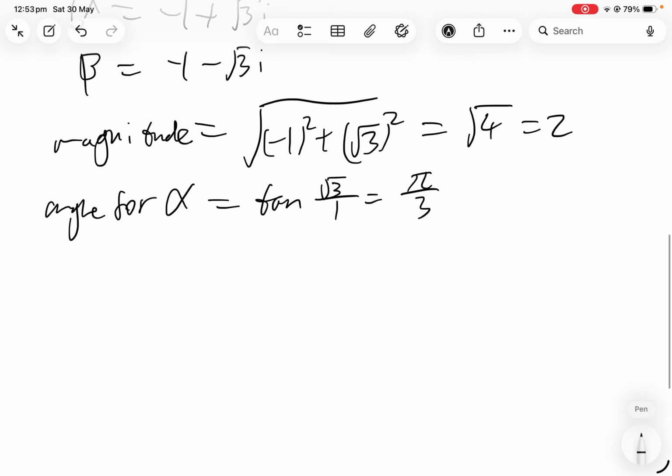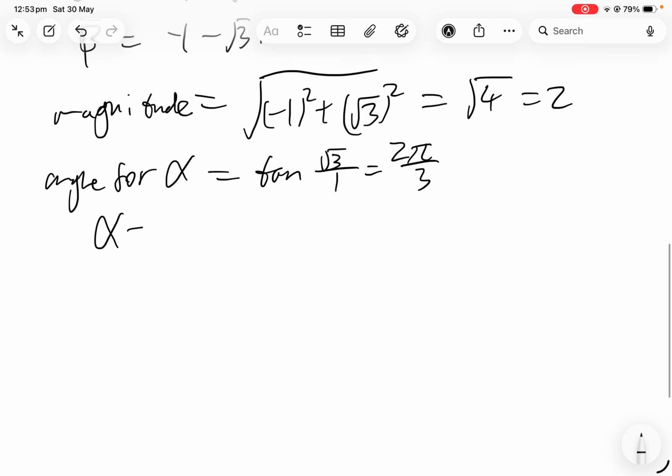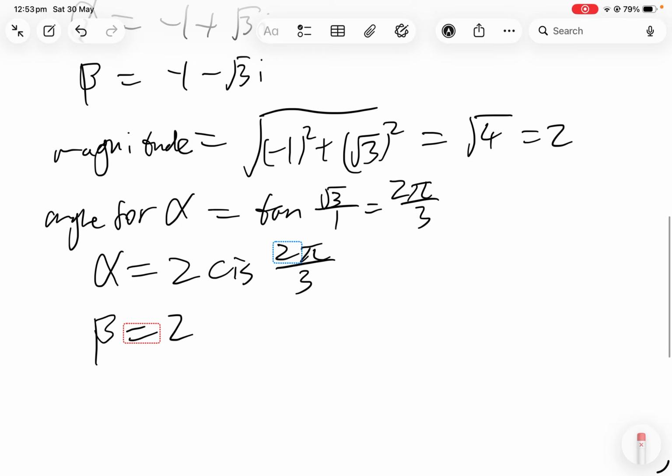If it's going that way, that means 180 minus, so it's pi minus pi over 3, so it's 2 pi over 3. So alpha is 2 cis 2 pi over 3.